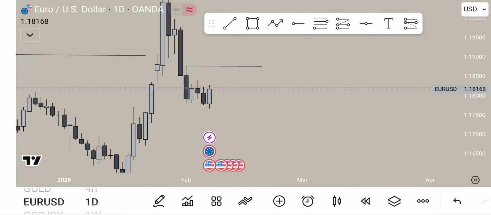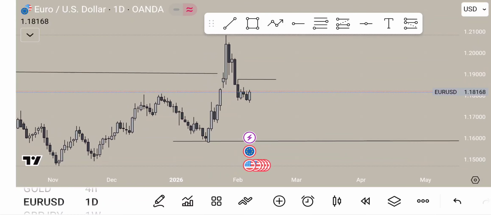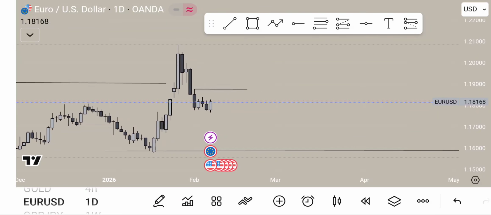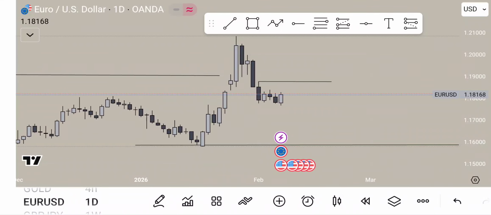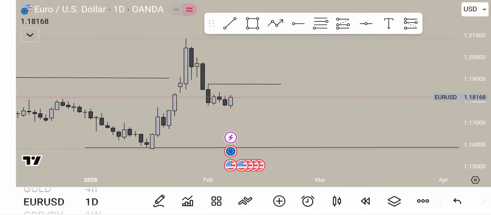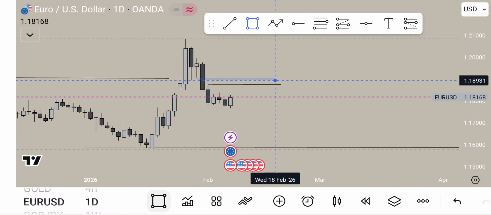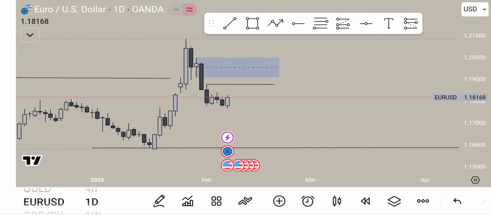The same fair value gap that we saw on DXY. This one is a bearish fair value gap, but on the dollar index it was a bullish fair value gap, and slightly above it there is a demand zone.